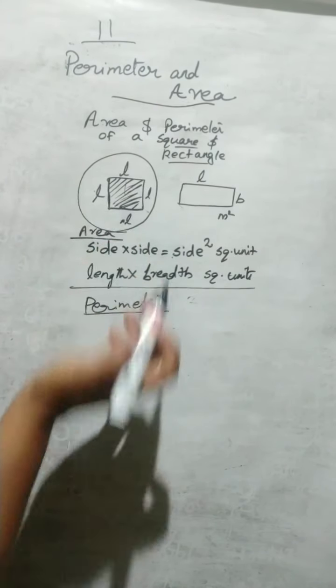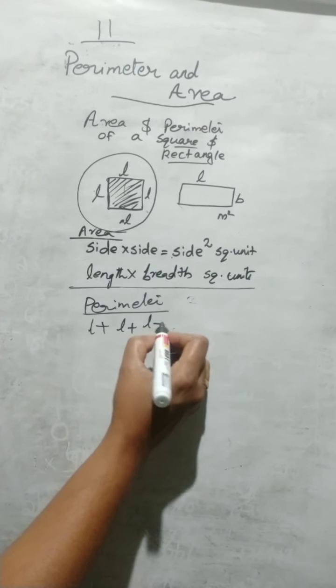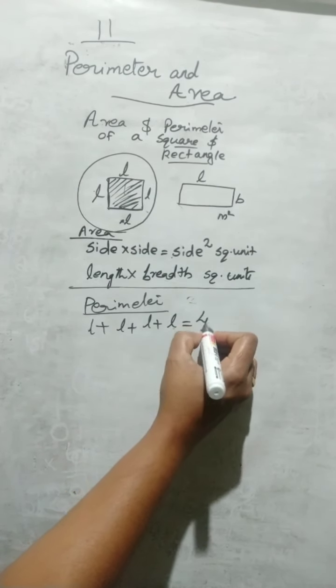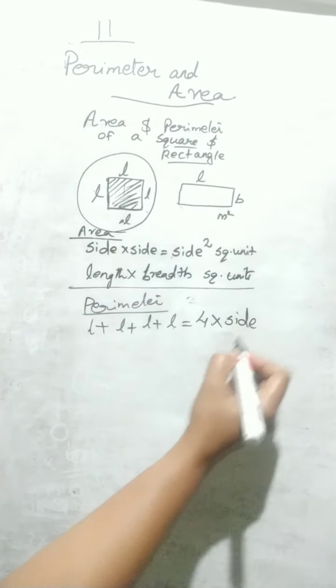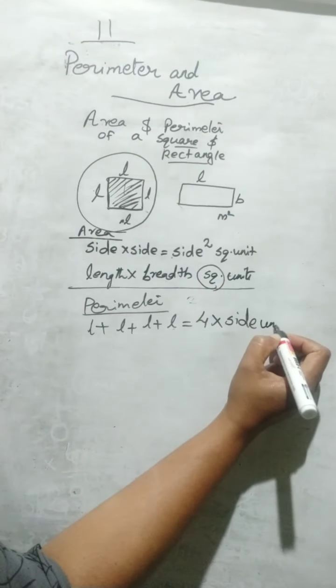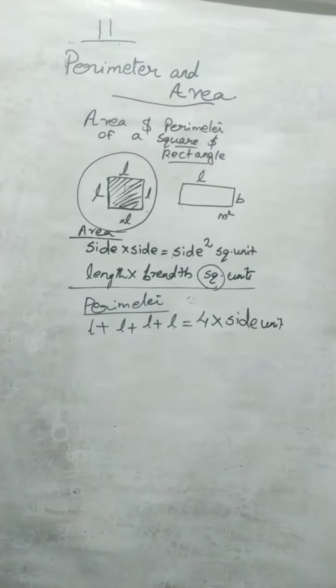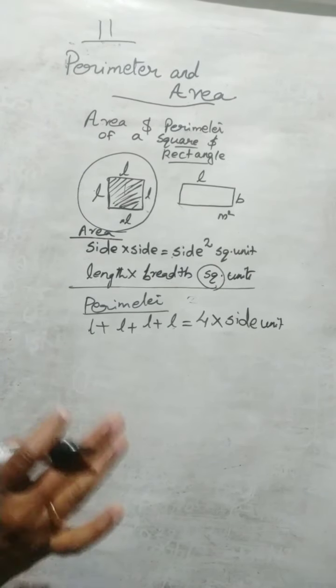We have to add 4 sides. So that will be length plus length plus length plus length, which is equal to 4 times L, where L is the side. Okay, 4 times side. There is no square. But the unit will be there. If it is centimeter, centimeter itself. If it is in meter, meter. Then kilometer, kilometer, and so on.